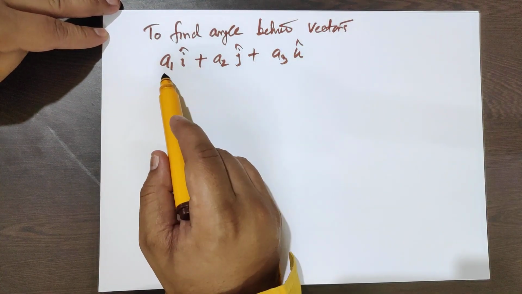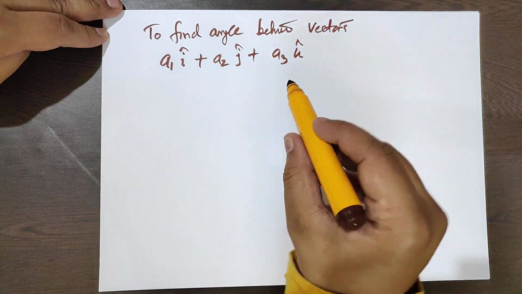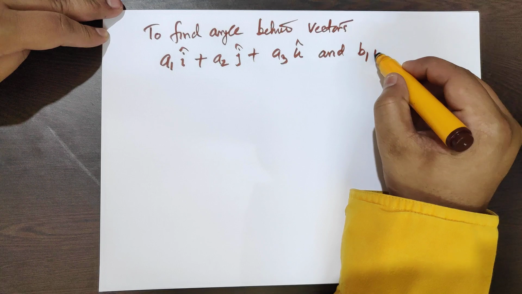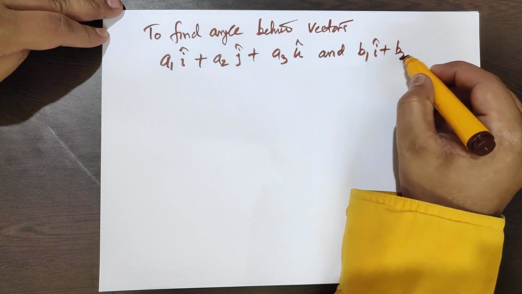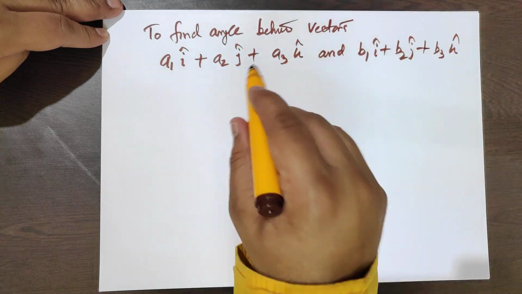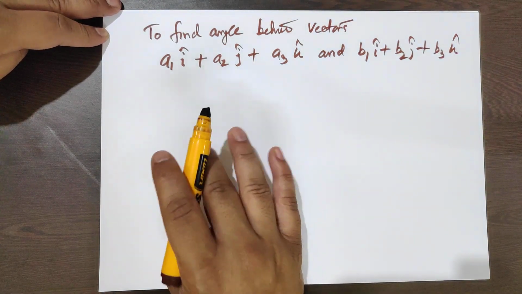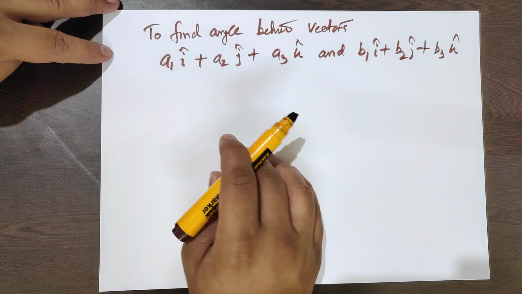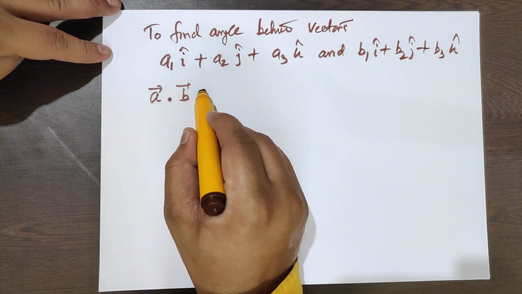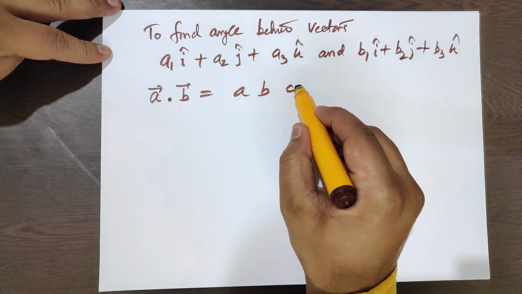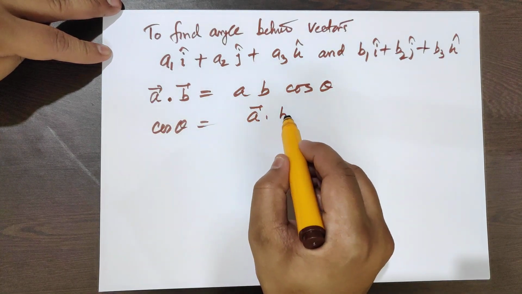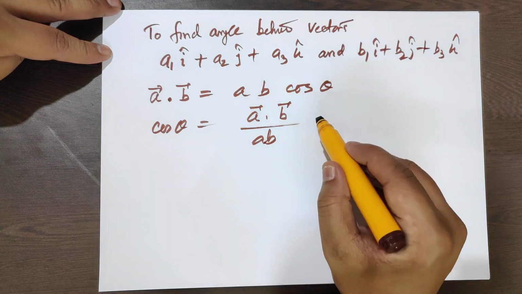Many people write like this also, and b1 i cap, b2 j cap plus b3 k cap. So you have to find this angle between the two vectors. Here I will use the definition of dot product. a dot b equals ab cos theta. So therefore cos theta is equal to a dot b divided by ab.